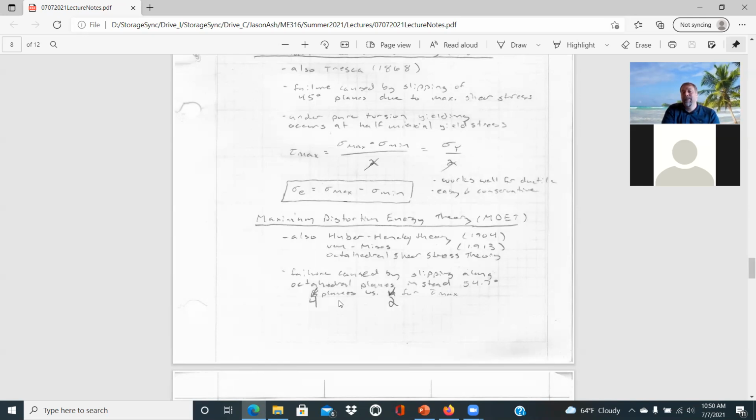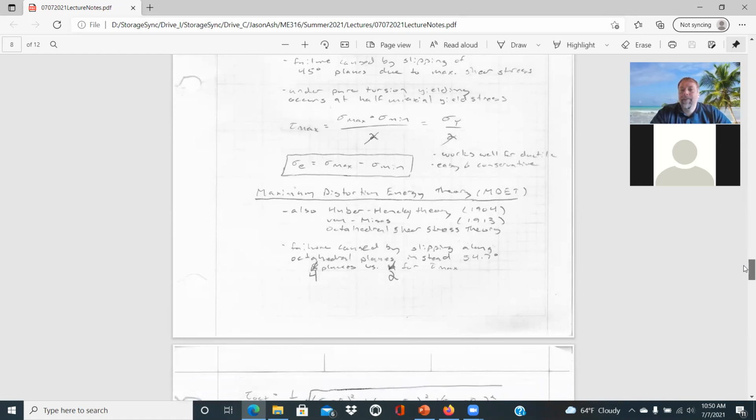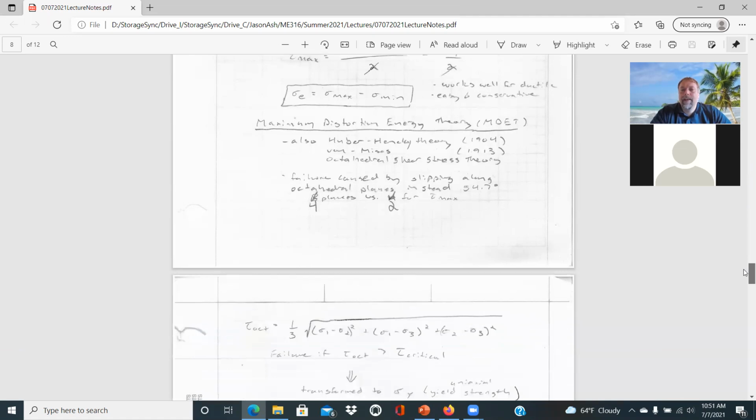On those octahedral planes, you have a component of normal stress, but you also have a shear stress that's really close to tau max. And so that combination really leads to the failure event occurring at that point.